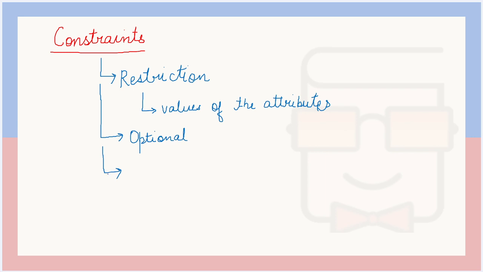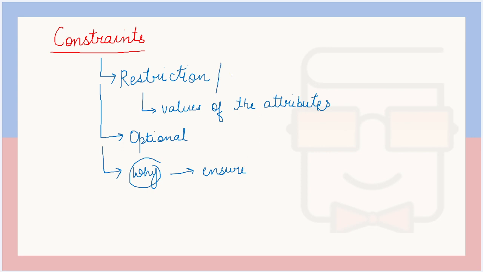Also, what is the need of constraints? You must know why we need constraints. We need constraints so that we can ensure that correct data is stored in the database, and that data should fulfill all the conditions that have been imposed on them.